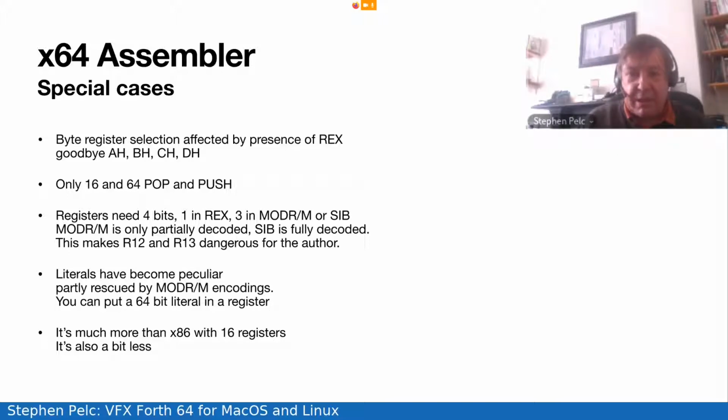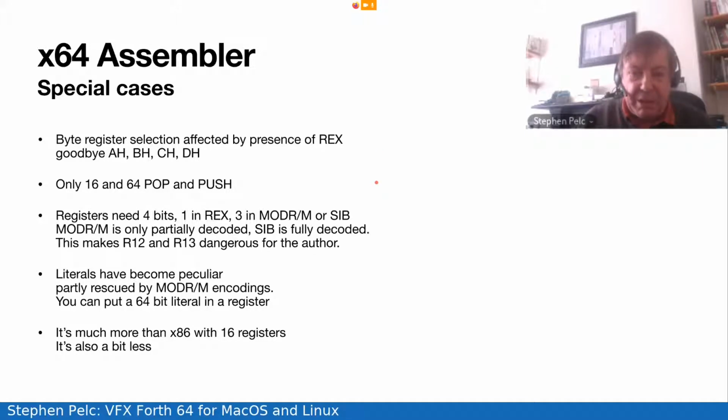So in practice, it's too much of a pain to use AH, BH, CH, and DH, so you can now treat the 16 registers as the only byte registers you really got, the bottom bytes of these 16 registers, which is just like every other processor. You've only got 16 and 64-bit pop and push, so 32-bit doesn't really work.